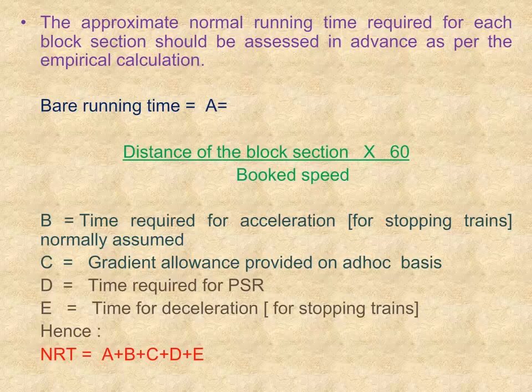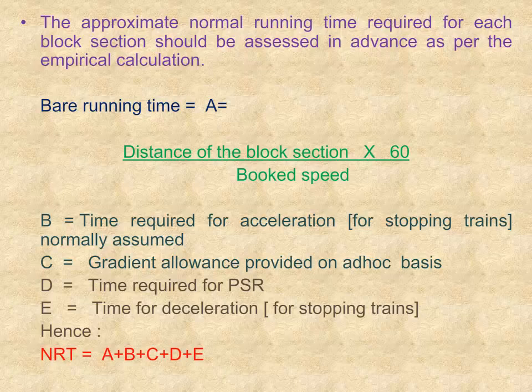The approximate normal running time required for each block section should be assessed in advance as per empirical calculations, where running time A is equal to the distance of the block section multiplied by 60 divided by booked speed.